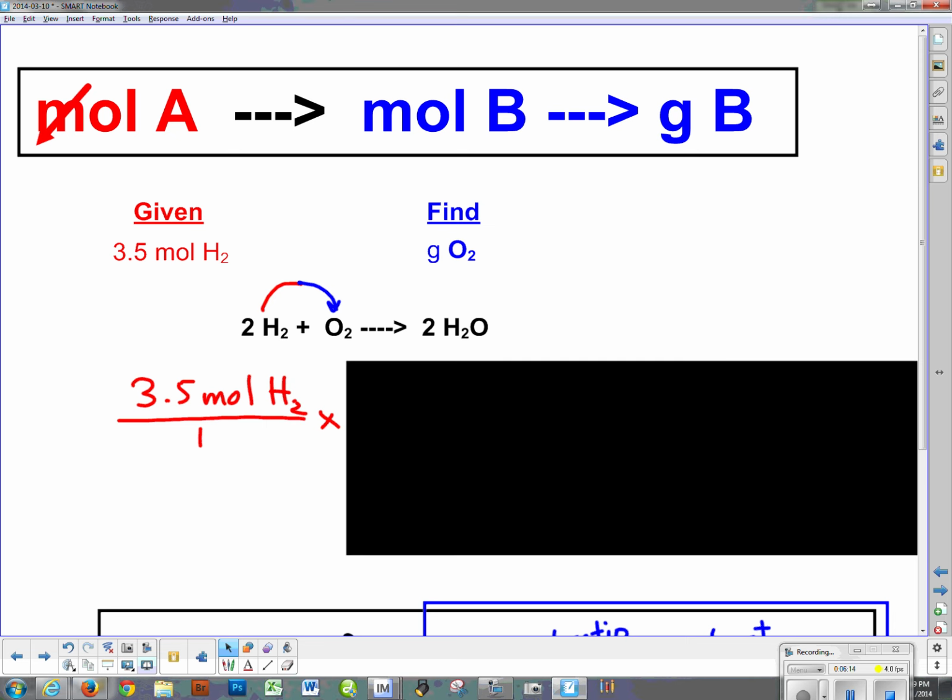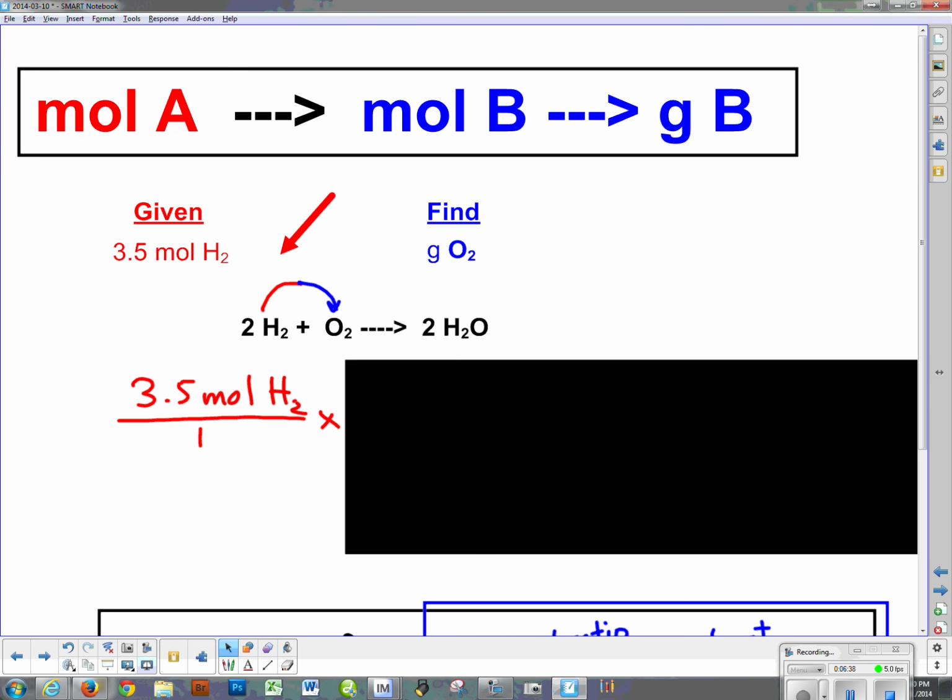Good. And since this is so similar, let's go ahead and do the second fraction also. What has to be on the bottom? Good. 2 H2. She looked at the balanced equation. She saw that we were dealing with H2. That has to be 2 what of H2? Moles. Okay.